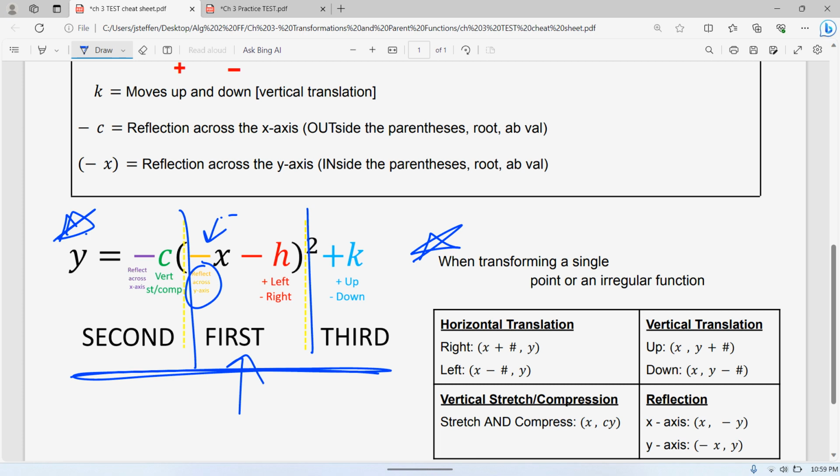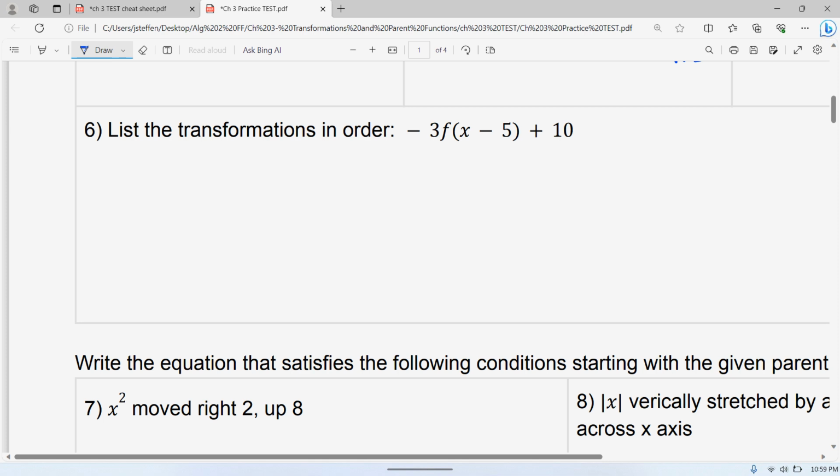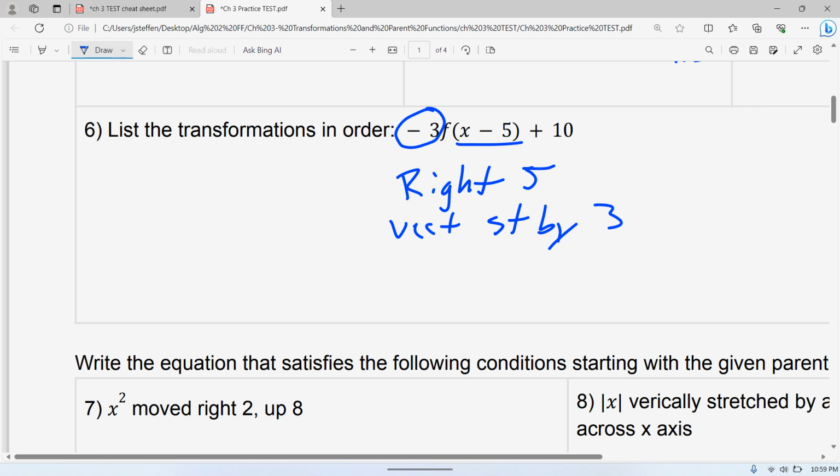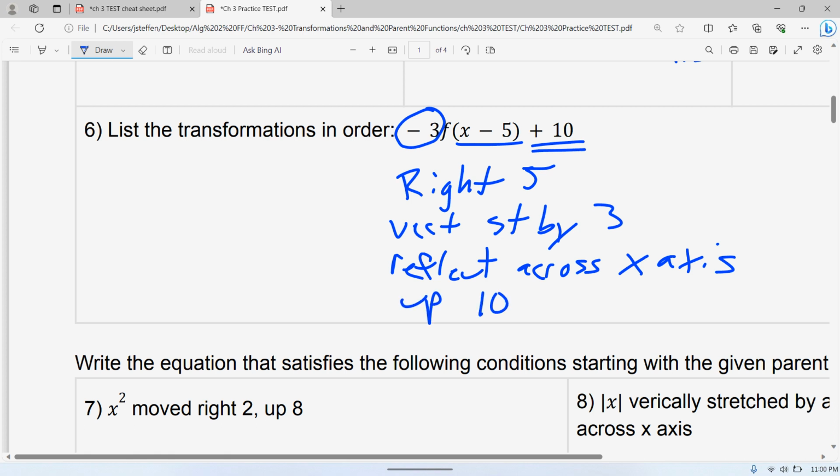So we're writing the equation, x squared, and then you need to use the absolute value, and say vertical stretch by a factor of 2.